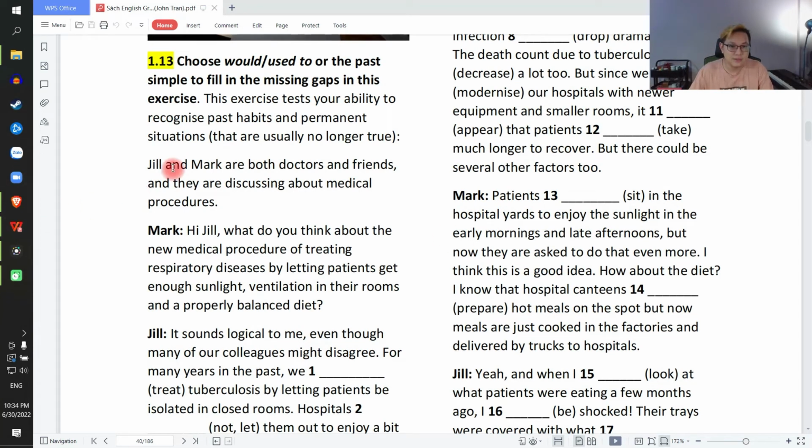Please read. Jill and Mark are both doctors and friends, and they are discussing medical procedures. Hi Jill, what do you think about the new medical procedure of treating respiratory diseases by letting patients get enough sunlight, ventilation in their rooms, and a properly balanced diet?